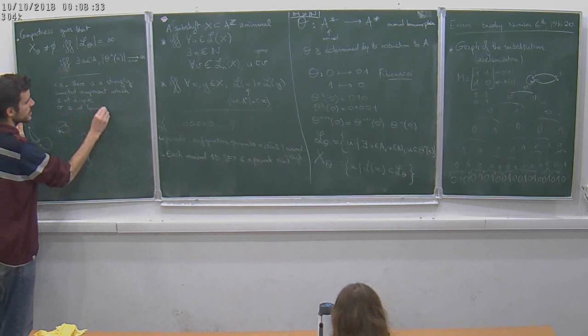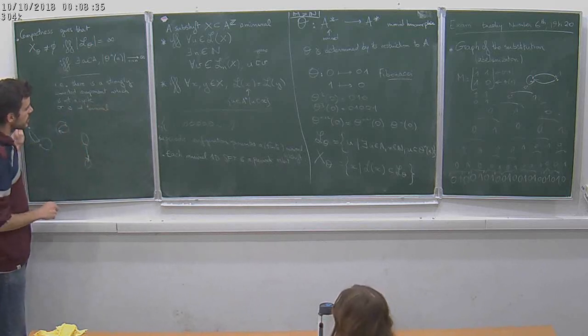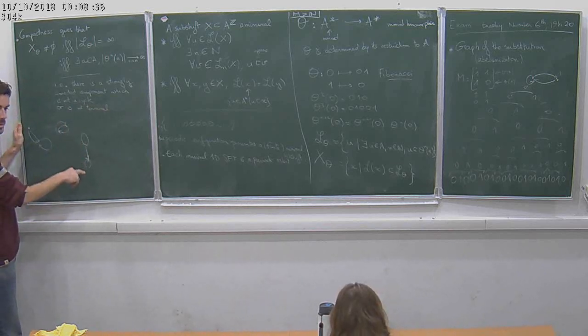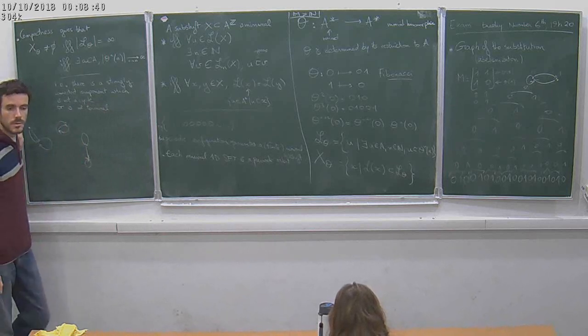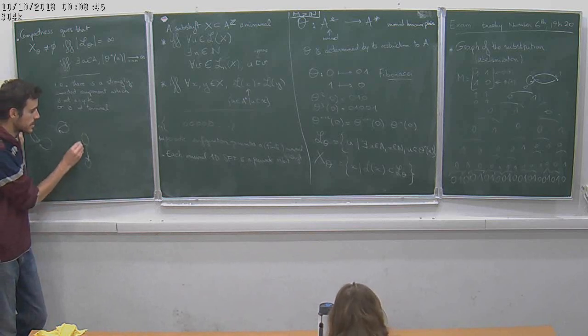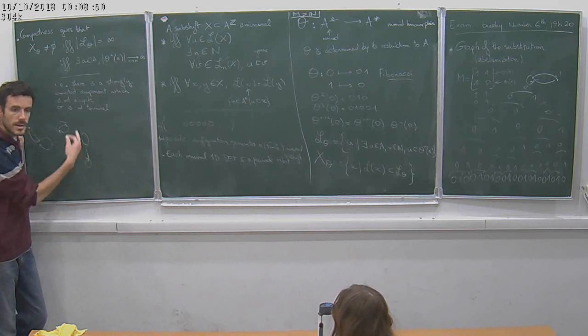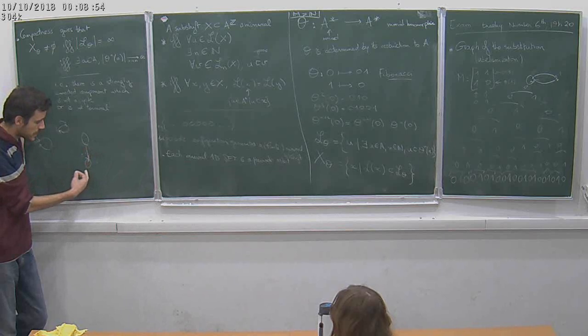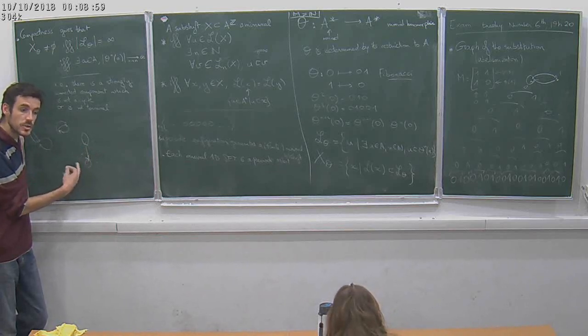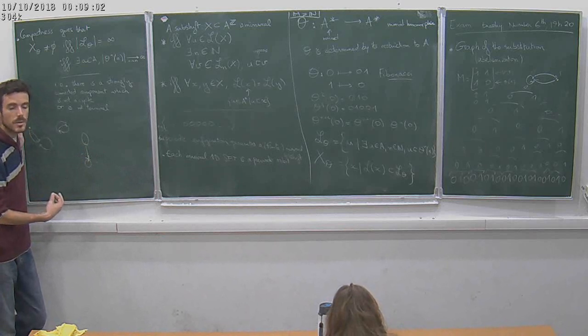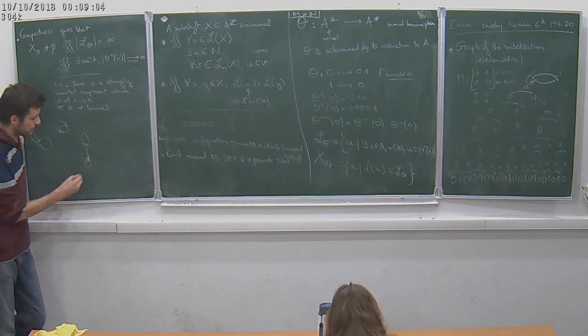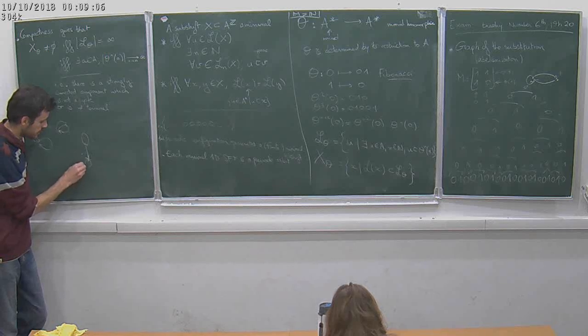You remember what a terminal strongly connected component means? It means one without outgoing arrows from the component. This is a strongly connected component, and there are some arrows possibly between strongly connected components, and the ones which don't have any outgoing arrows are called terminal strongly connected components.